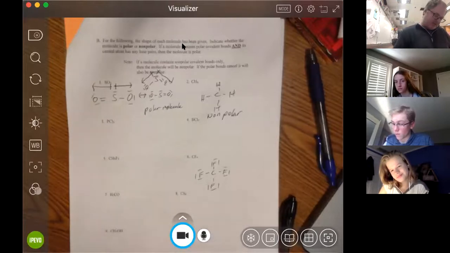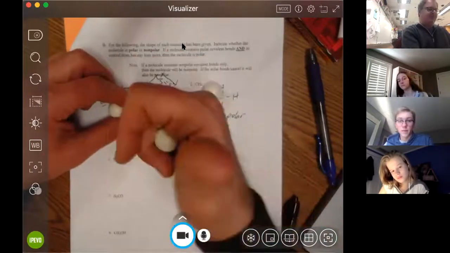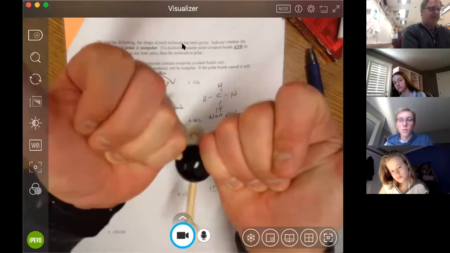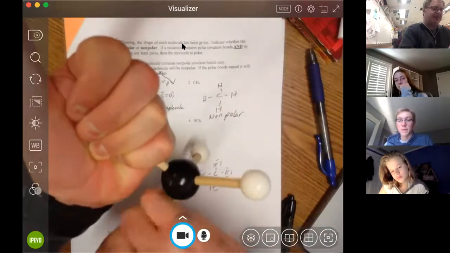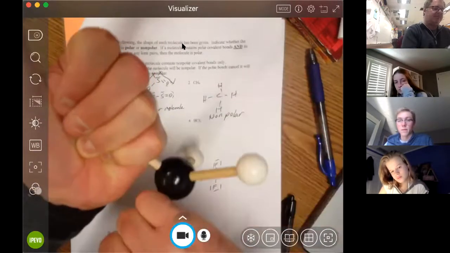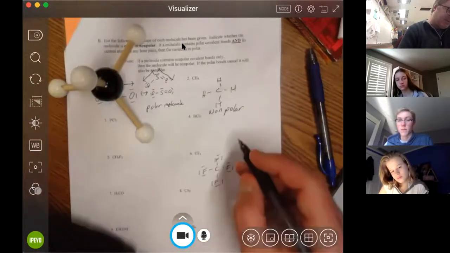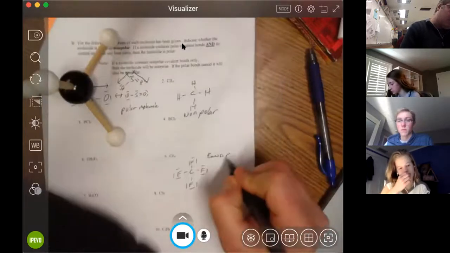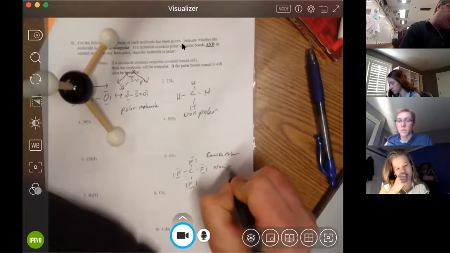What's the shape of it? Tetrahedral. If I pull this way and this way, these two are going to cancel out each other left and right. And since they're all the same, this one's going to cancel out top and bottom, as well as this one. They're all going to be pulling in opposite directions. So even though the bonds are polar, it is a nonpolar molecule.